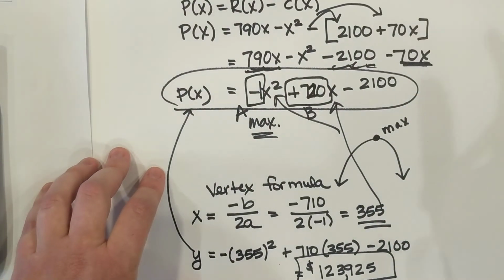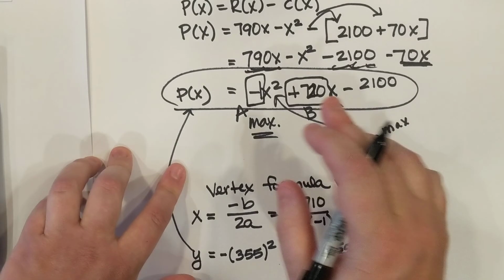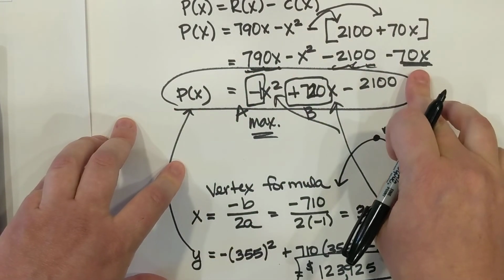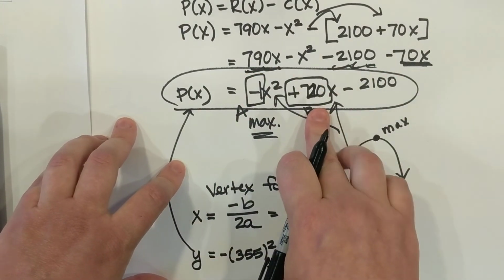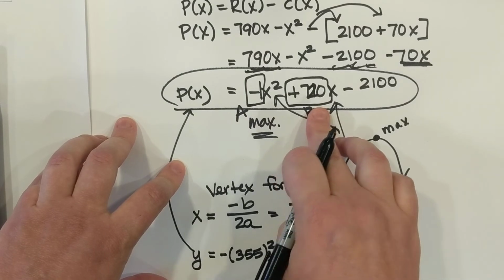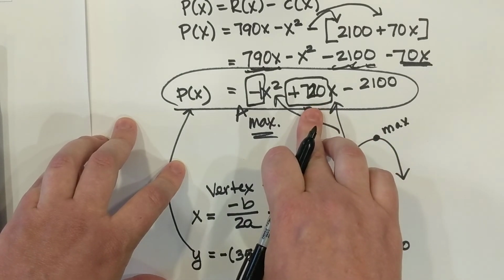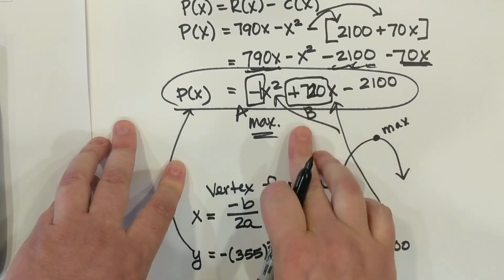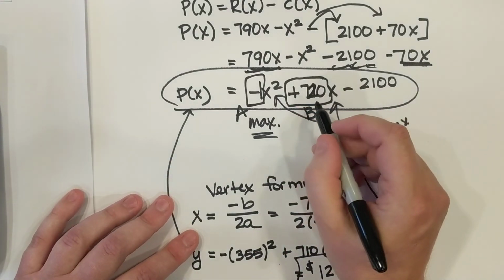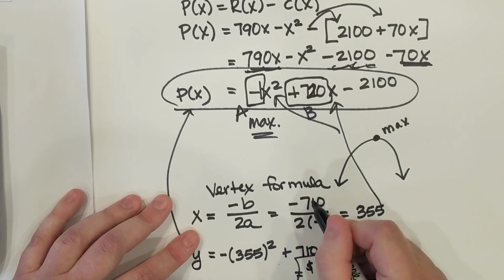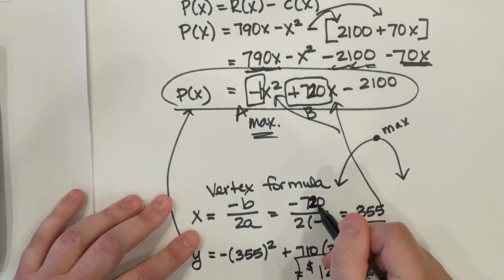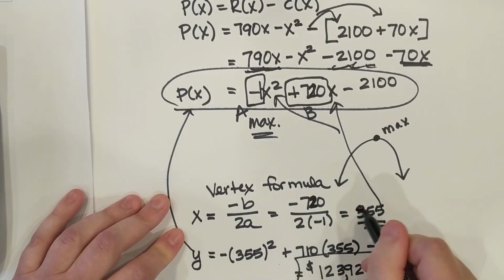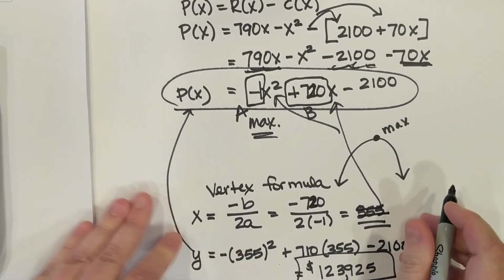Okay, so you're probably yelling at me here. Yeah, 790 minus 70x is 720. I might have said that and wrote down a different number, but I caught myself here before I ended this video. So nothing much changes. Everything still works the same, but I need to put a 2 down here, and that would change this number a little bit.